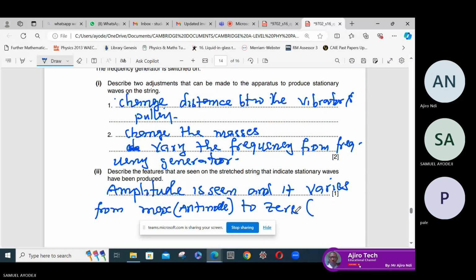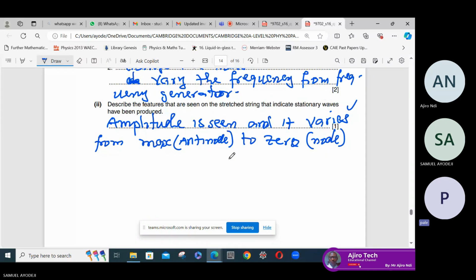That's all, because there's no minimum. So this is safer this way. I wrote from antinode to node. Would I have gotten a mark in the final exam?